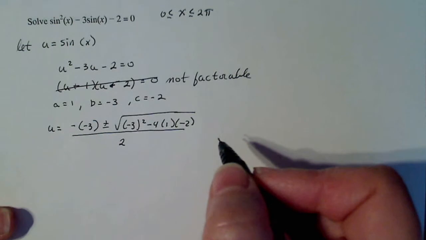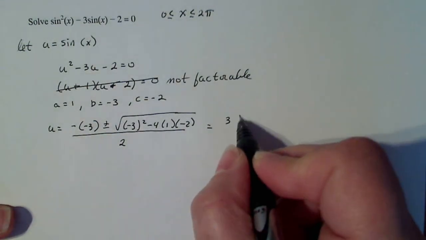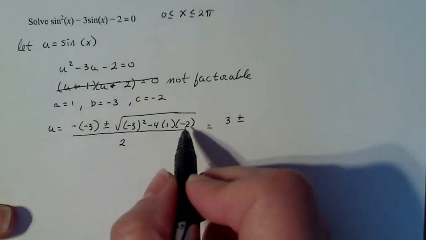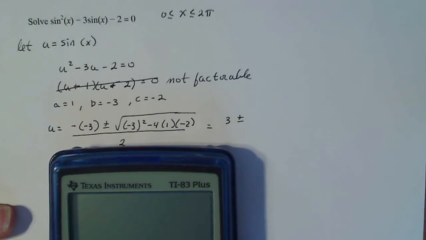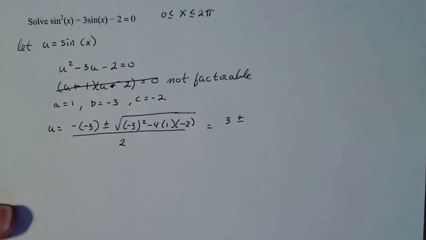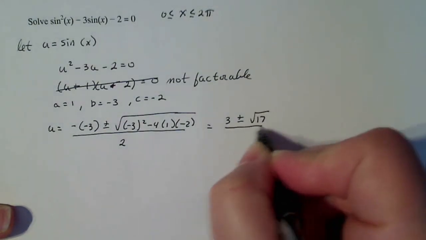Now if I continue with that mathematics, I get positive 3 here. And if I put this in my calculator, let me get my little machine out. I get minus 3 squared, make sure you put it in the parentheses, minus 4 times 1 times negative 2. And I get a lovely 17.